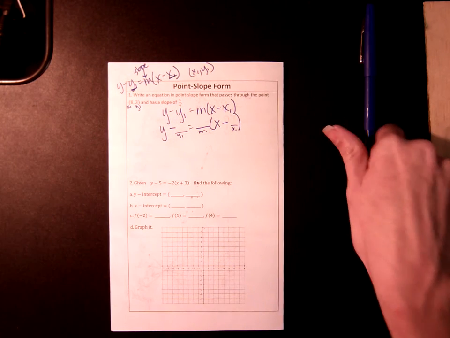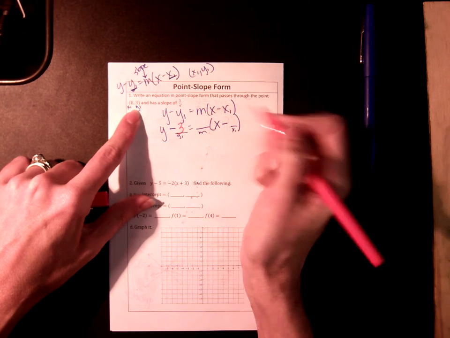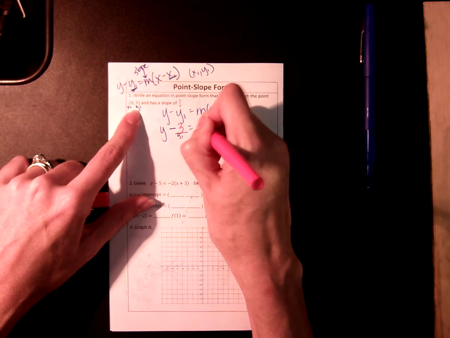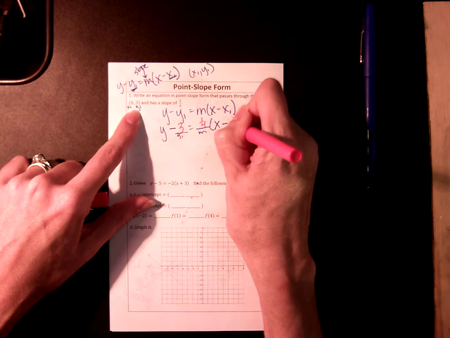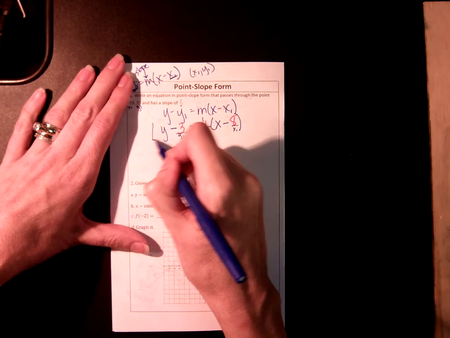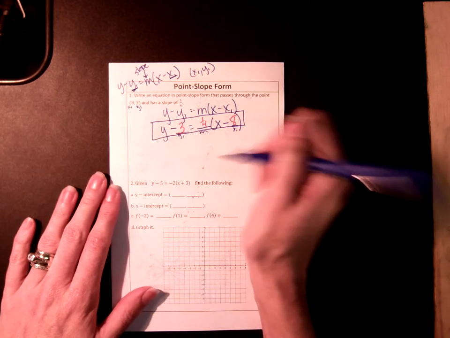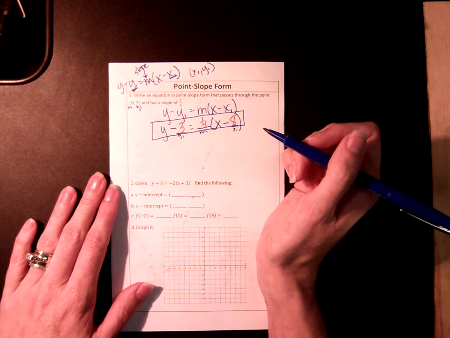So that when we come back in, 3, 1/4, and 8. We've written the equation of the line. This is an equation. It's perfectly usable, ready to go. It's in point-slope form. We can do stuff with it.